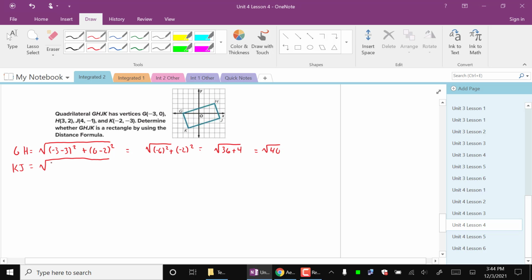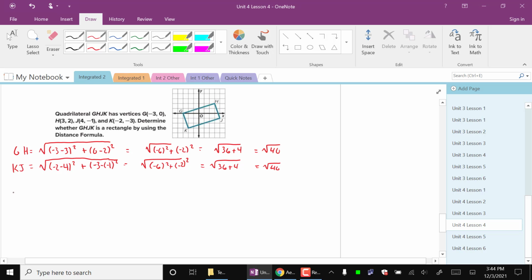So this is going to give me -2 minus 4 squared plus -3 minus -1 squared, which equals -6 squared plus -2 squared, which equals 36 plus 4, which equals 40. So opposites have the same length.